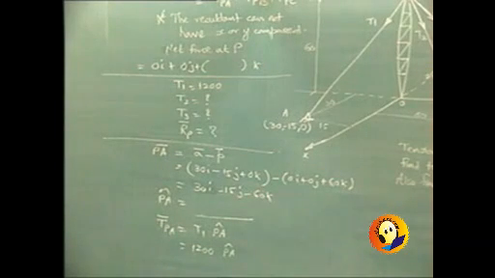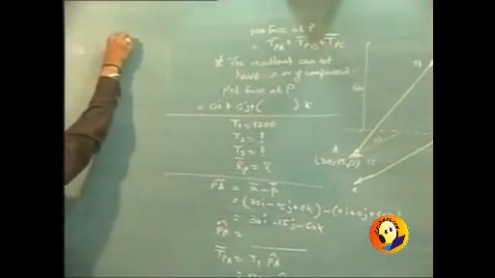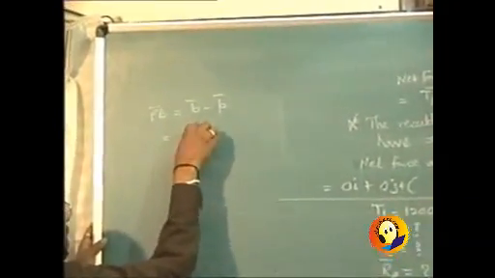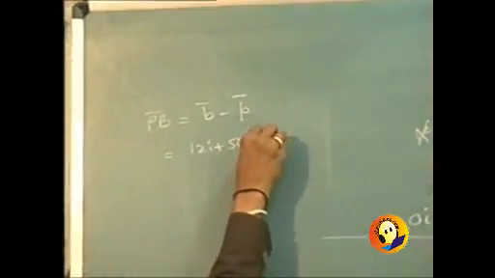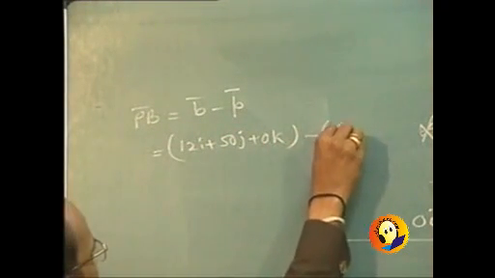Then to find PB bar, it will be B bar minus P bar. B has got coordinates as 12i plus 50j plus 0k minus 60k.